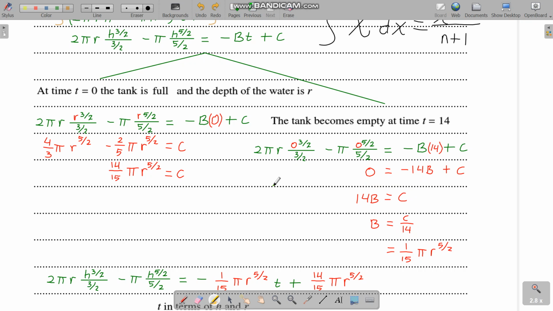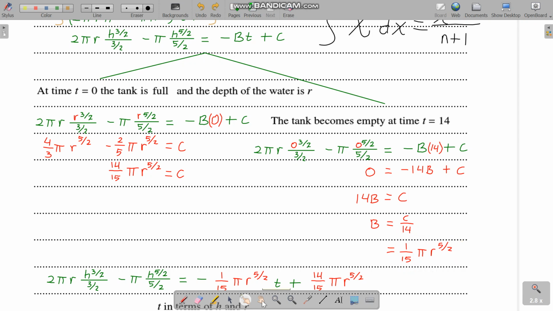We already know c, so b is c over 14, which is just 1/15 pi r to the 5/2.